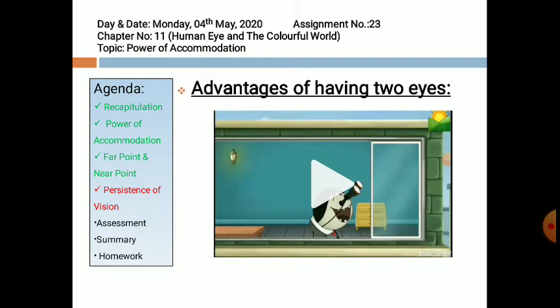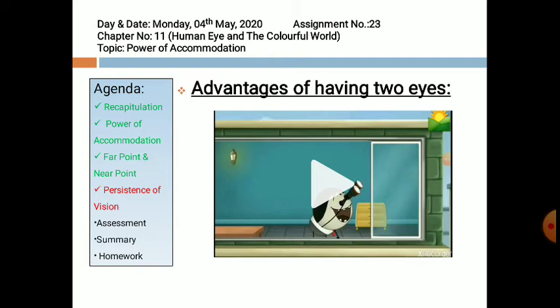There are several advantages of having two eyes instead of one. It gives a wider field of view. A human being has a horizontal field of view of about 150 degrees with one eye, but with two eyes it increases by 30 degrees and becomes 180 degrees.